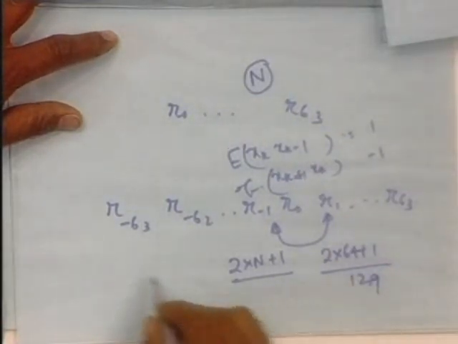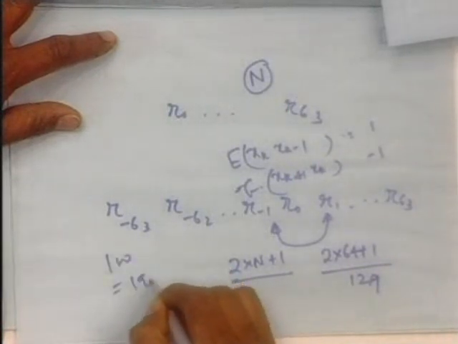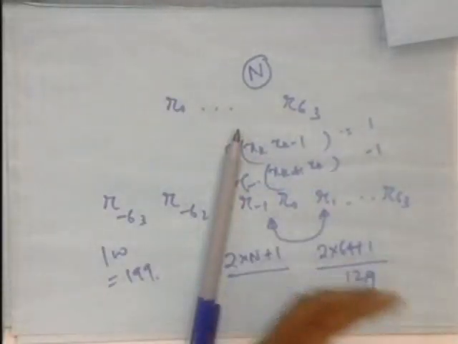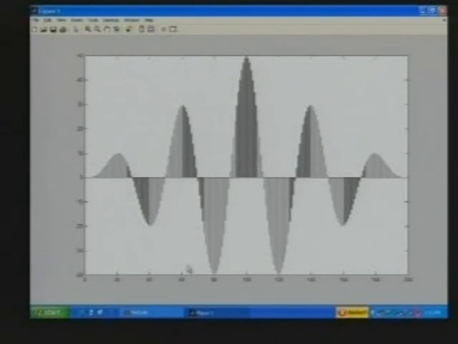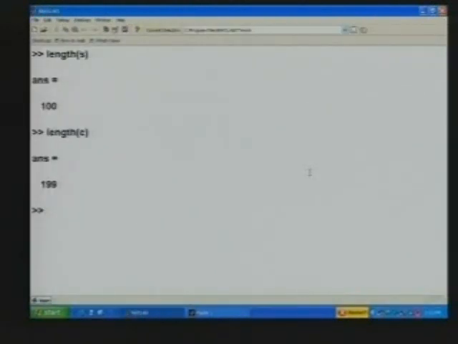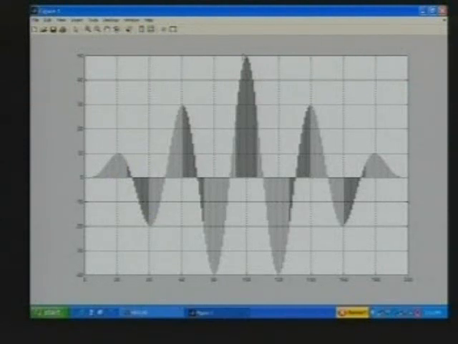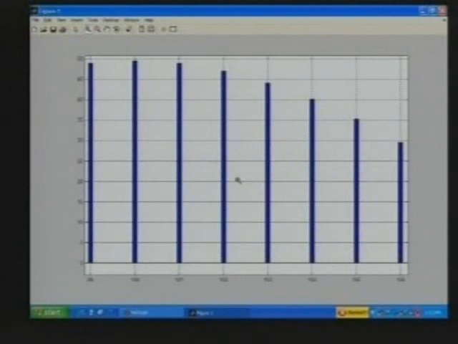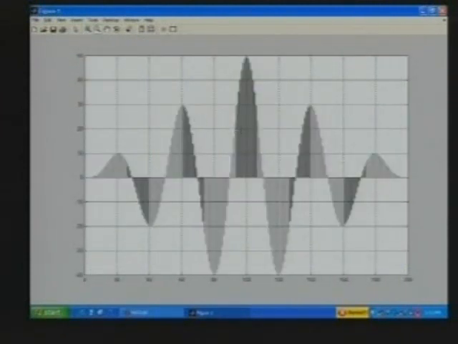In this case the signal is 100, therefore the length will be 199, and it will be symmetric, as you can see from the bar chart. This is R0, the first one, and slowly you can see it is varying, damping and going away, is it not?